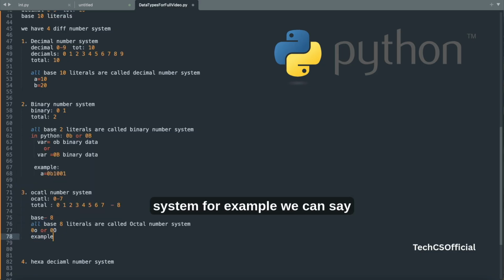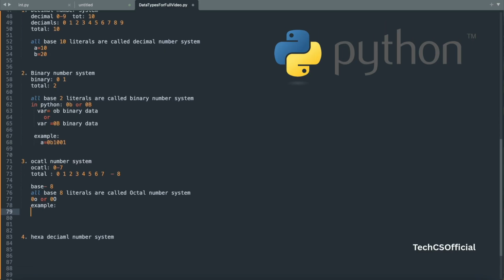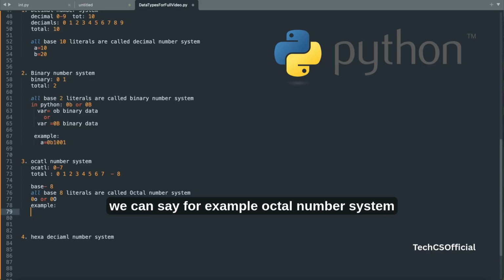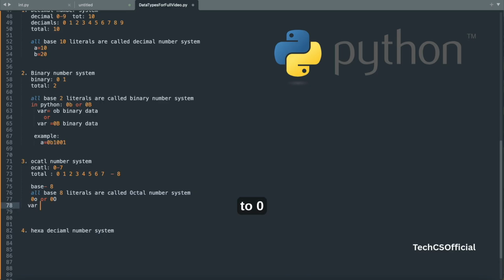For example, the syntax first: variable name is equal to 0o octal data, or 0 capital O octal data.